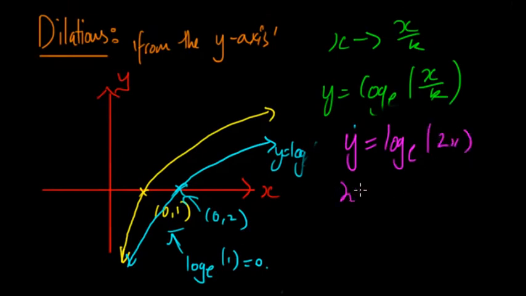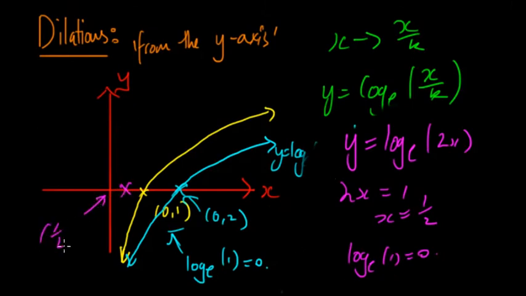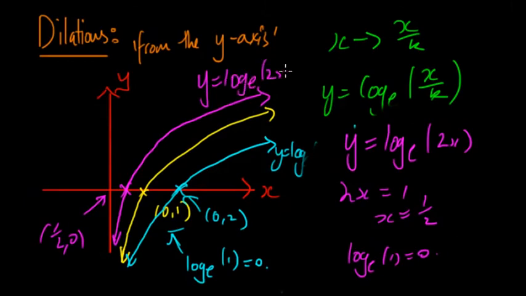And for 2x to equal 1, we need x to equal a half. So when x is equal to a half, we get log e of 1, which equals 0. So that's going to be the x-intercept. So this point here will be (a half, 0). And then it will be the similar shape as we had before. But now you're going to have y is equal to log e of 2x.